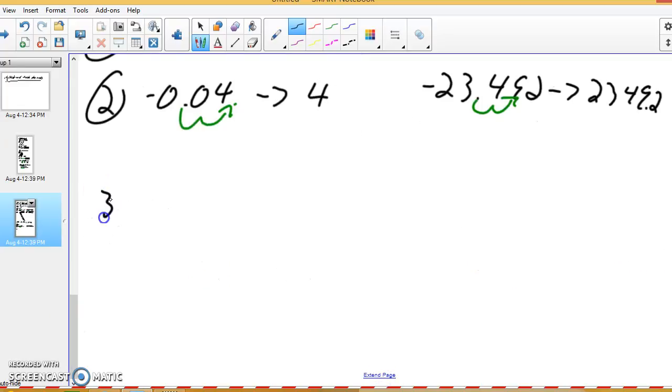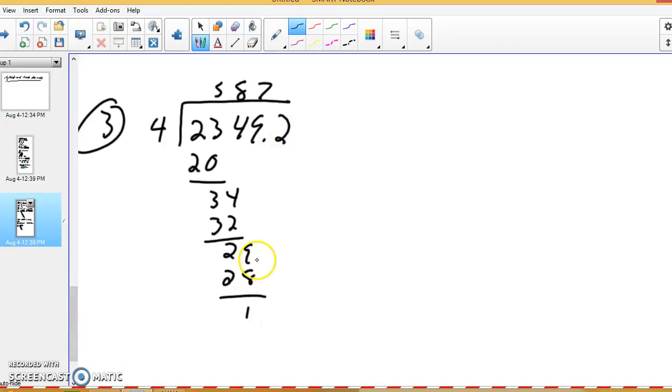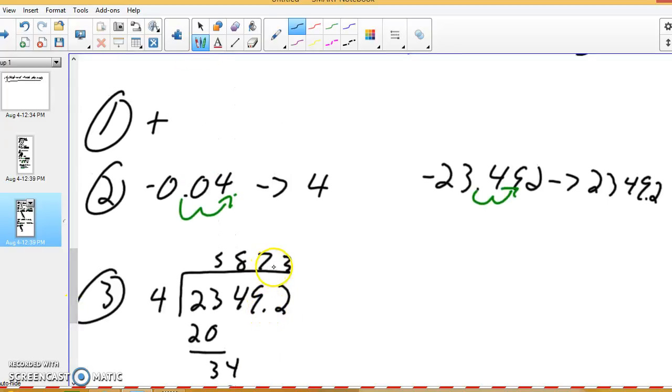And now, step 3, do our regular division algorithm. 2349.2 divided by 4. 4 doesn't go in 2, well, it goes in 23. 5 times 4 is 20, 3, 9. 7 times 4 is 28. So that's 1. Drop the 2. Goes in there 3. Okay. And now we move the decimal point straight up.